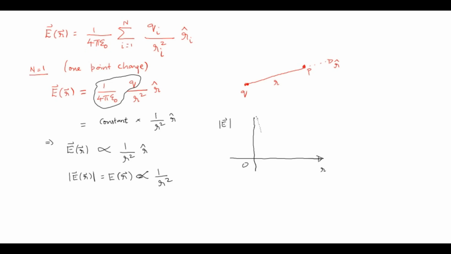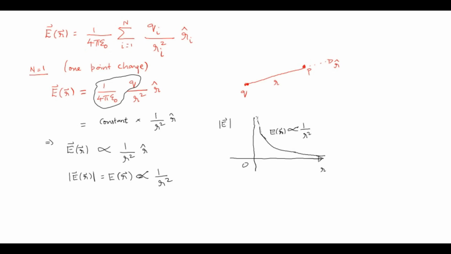It comes from infinity, a very large value, and it decays like this, and when r goes to infinity, it goes to 0. So r goes to 0, this takes a very large value, and r goes to infinity, it approaches 0. So this is the variation of the magnitude of E, which varies like 1 over r square. So this is a very important thing for a point charge.